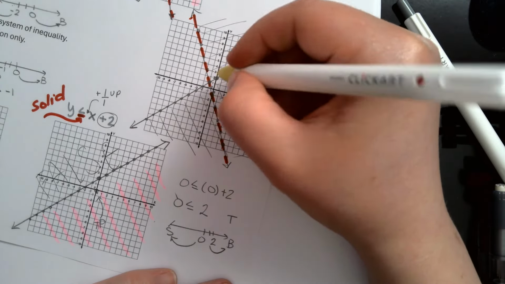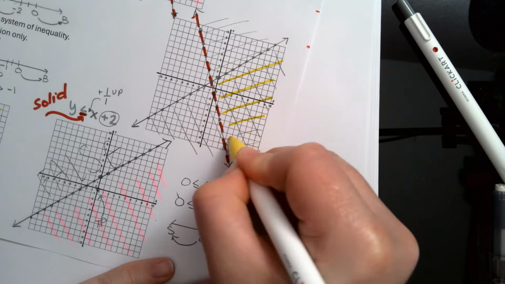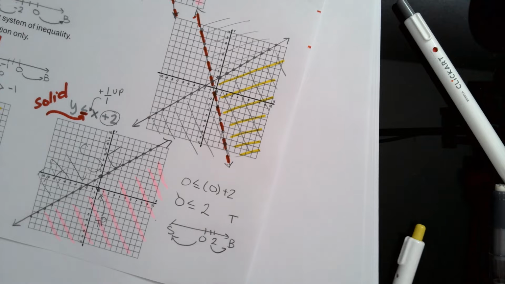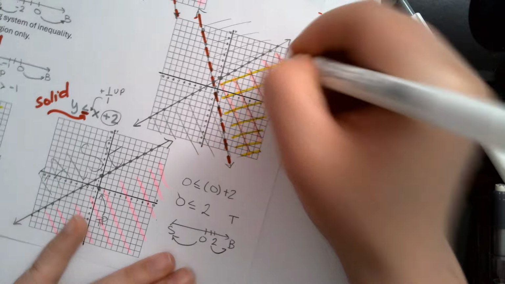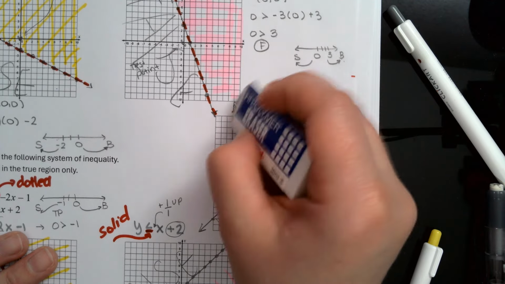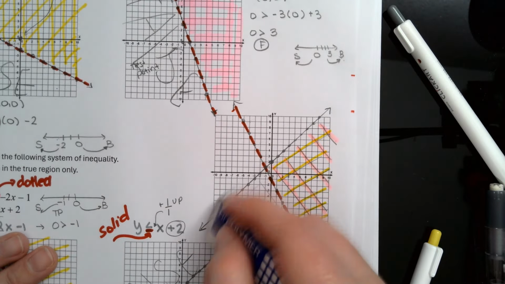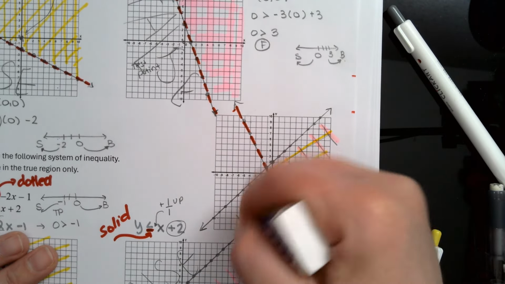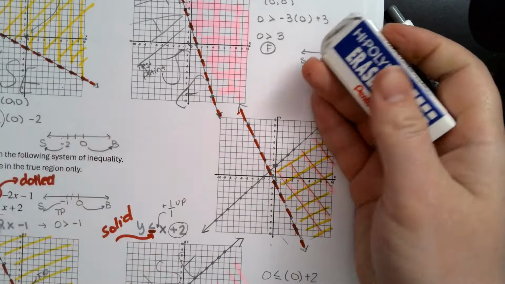We have this one right here, and we have this one right here. So I'm going to go back and erase the parts that are not true for both, because we want to have true for both sections, not just one.